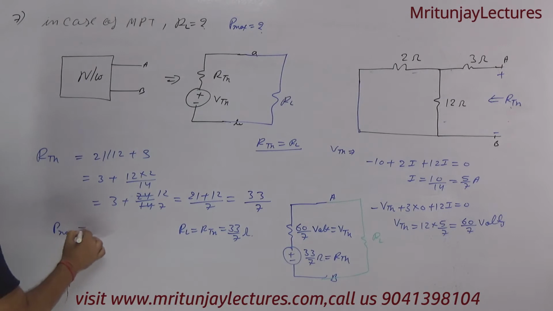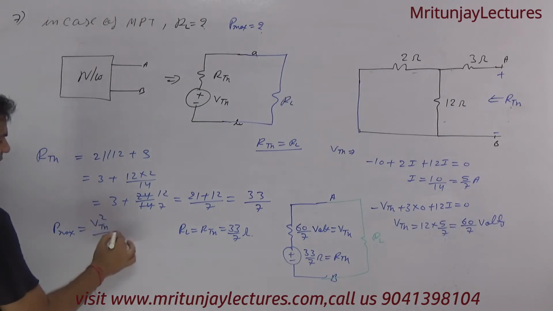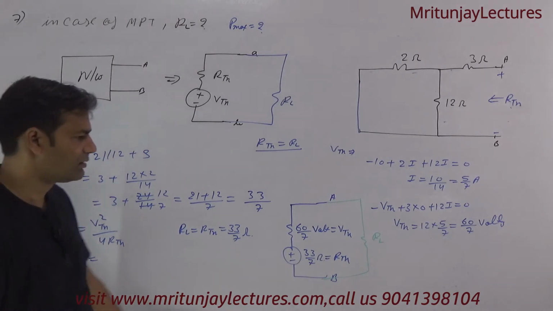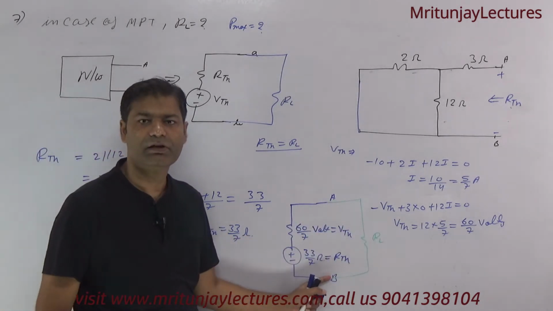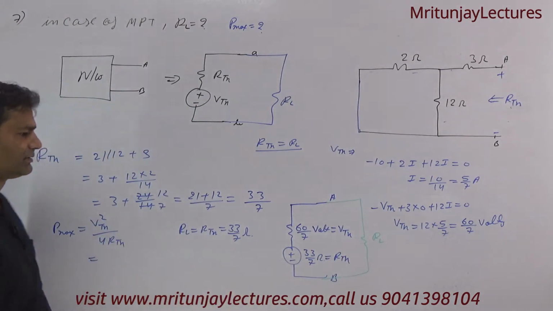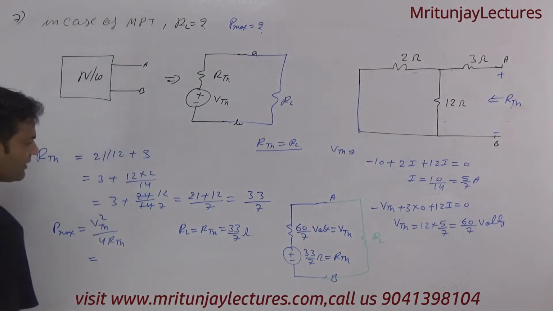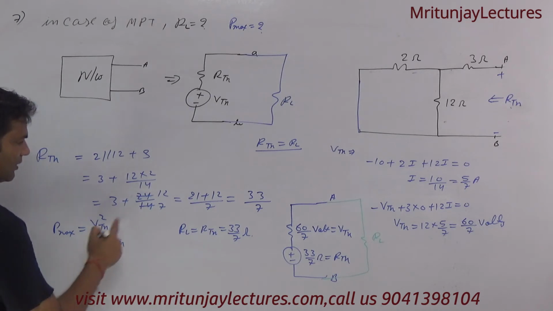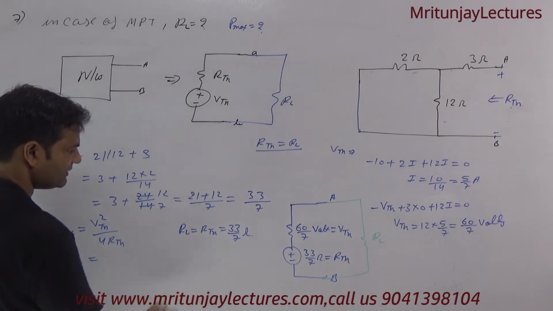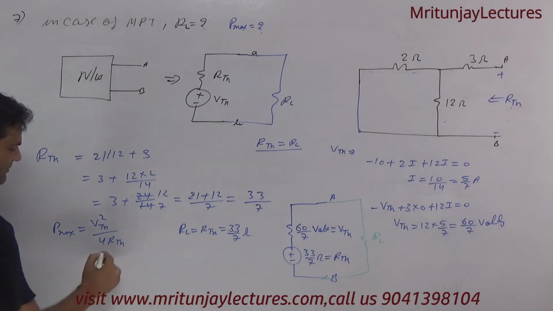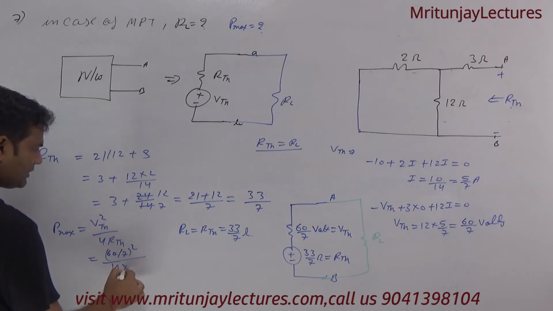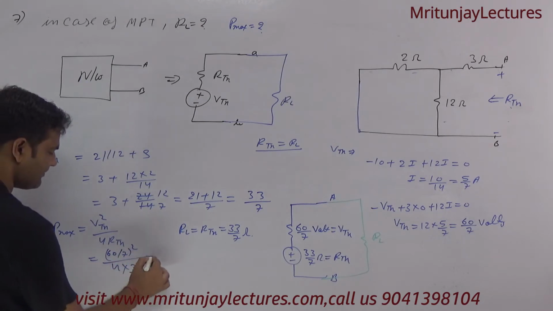Pmax is written as VTH square upon 4 RTH, or simply determine I and I square into RL. RL is RTH, that's why you can determine it also. VTH is 60 by 7, so 60 by 7 to the whole square divided by 4 times 33 by 7.